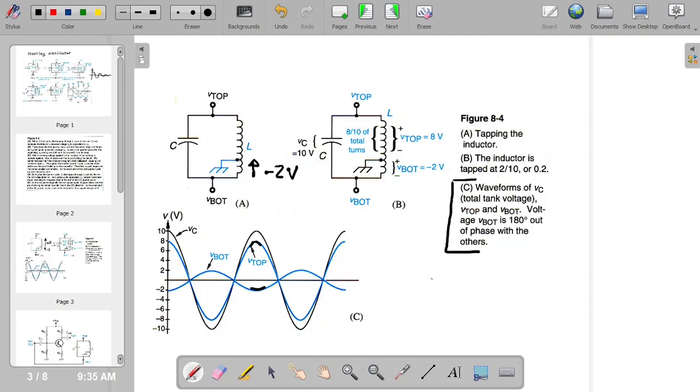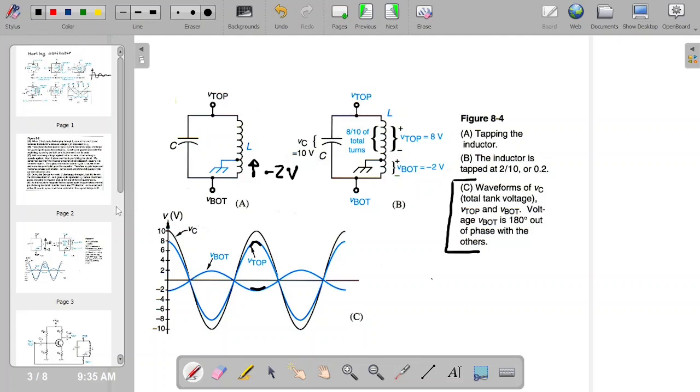First you need to tap your inductor, and you ground the tap so that you have positive here and negative there. Okay, so that gives you the phase opposition. The ground gives you the phase opposition.